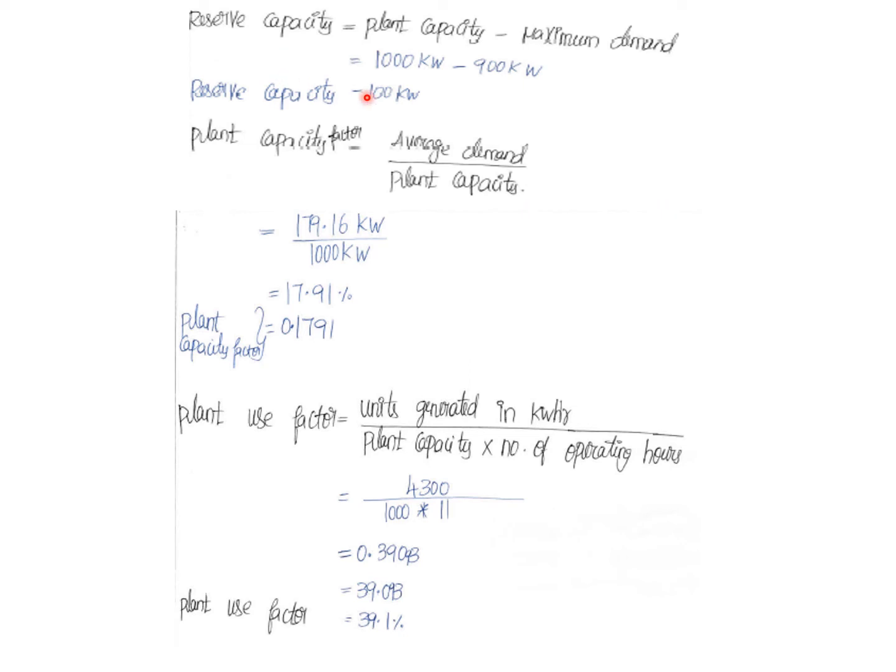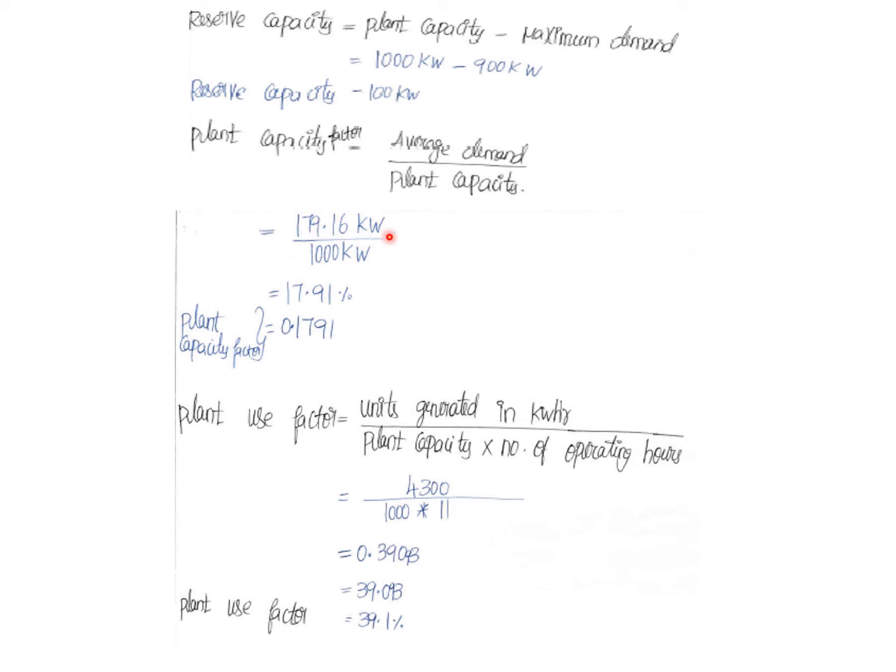Reserve capacity is plant capacity minus maximum demand. Plant capacity is given as 1 megawatt, which is 1000 kilowatt, minus maximum demand 900 kilowatt. So my reserve capacity is 100 kilowatt. Now the plant capacity factor: the formula is average demand divided by plant capacity.